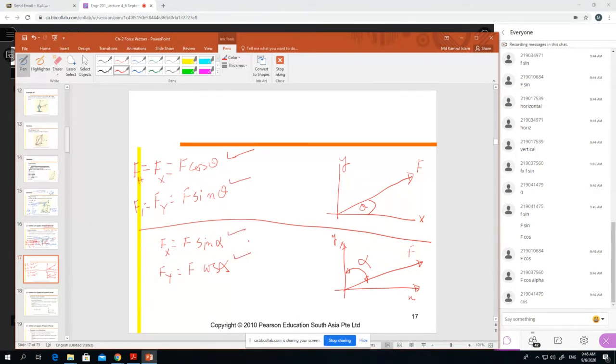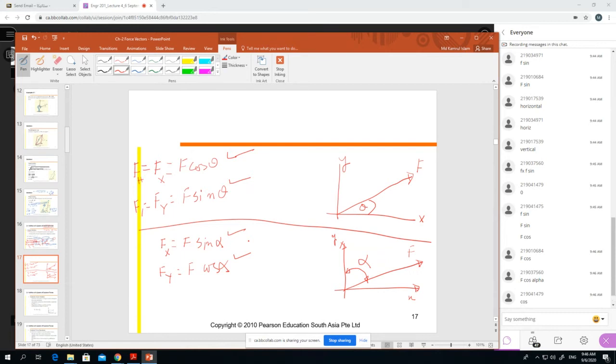Now does everyone understand? Please tell me, anyone has a question? This is very important. If you don't understand here, you will not understand anything in future, and you are going to do everything wrong.